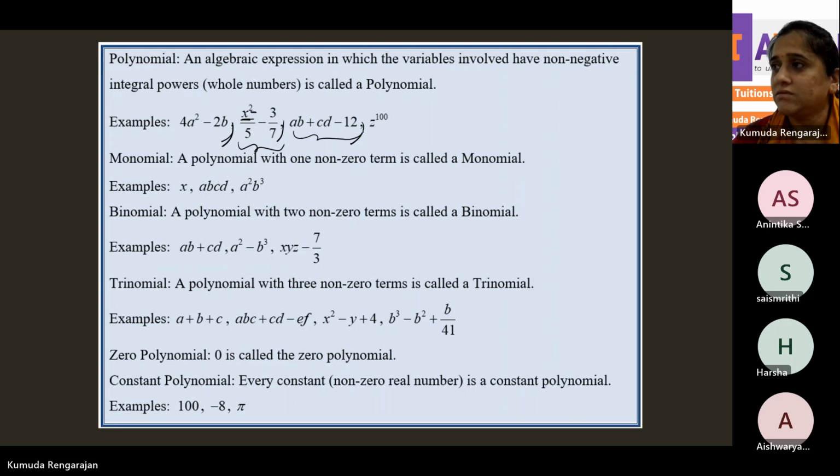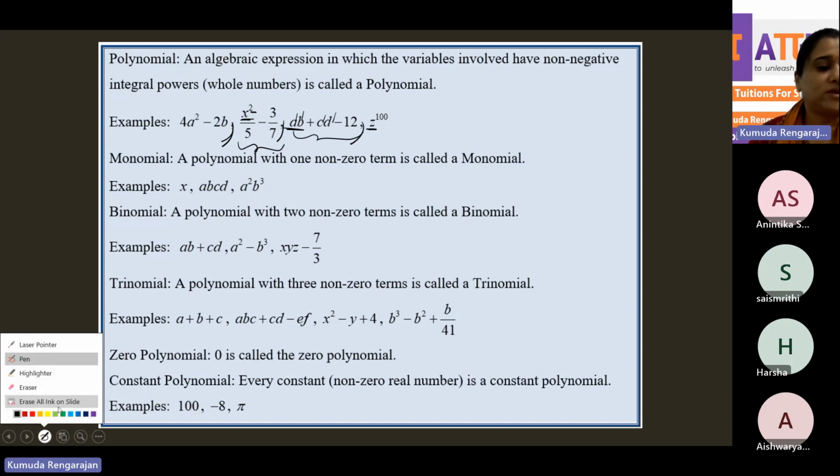Next, 3 terms. First term ab, power 1, power 1. Second term cd, power 1, 1. Whole numbers: polynomial. Then z raised to the power 100.